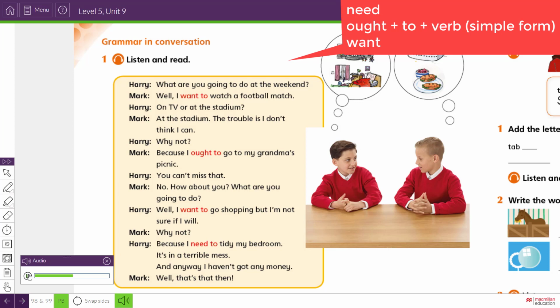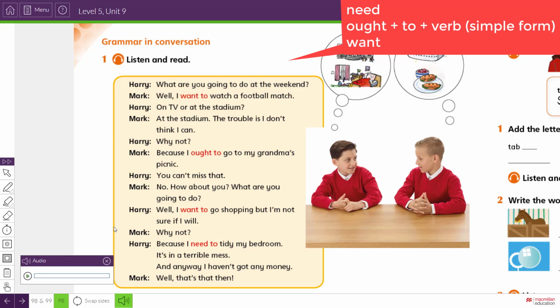Because I ought to go to my grandma's picnic. You can't miss that. No. How about you? What are you going to do? Well, I want to go shopping, but I'm not sure if I will. Why not? Because I need to tidy my bedroom. It's in a terrible mess. And anyway, I haven't got any money. Well, that's that then.